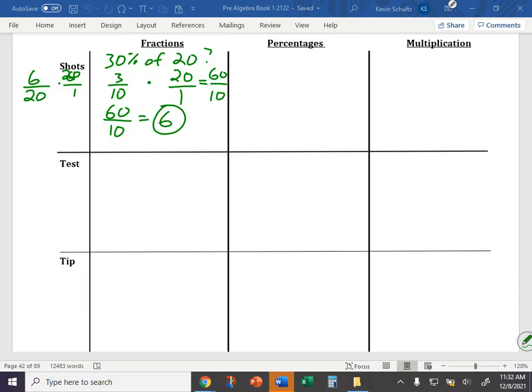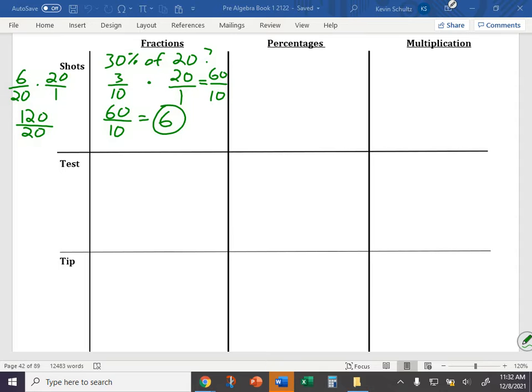Well, no, 6 over 20 was my answer. Oh, okay. So you wouldn't double them and just leave it there. If you wrote 3/10 as 6/20ths, you'd still multiply by 20 over 1, which would give you 120 over 20, which still simplifies to be 6. So what you did wasn't wrong, but you don't want to stop there.